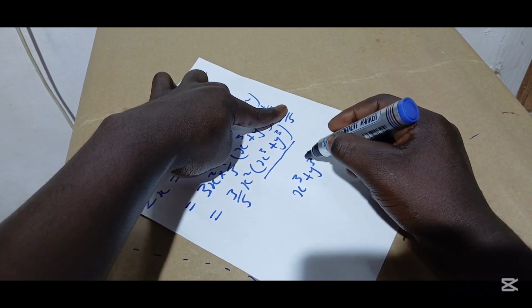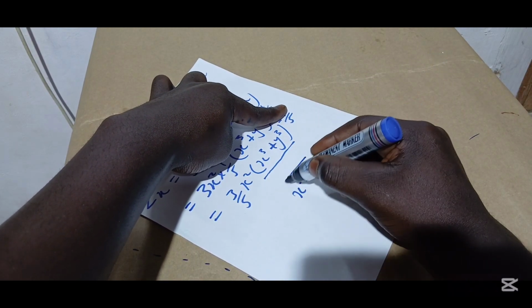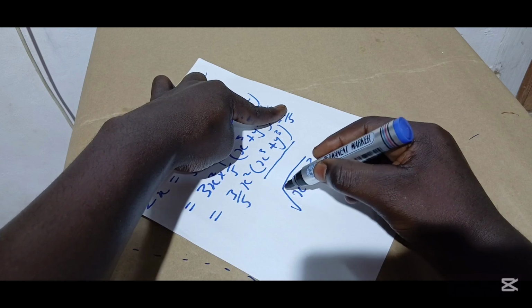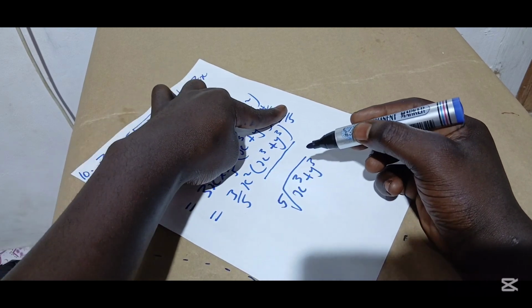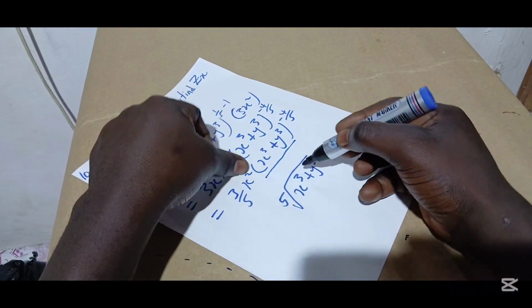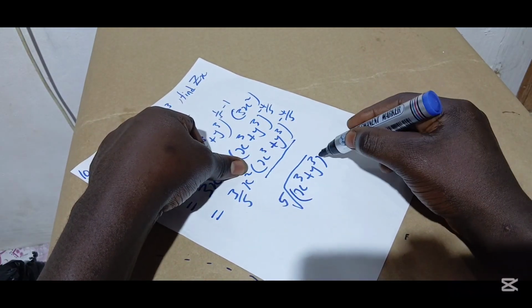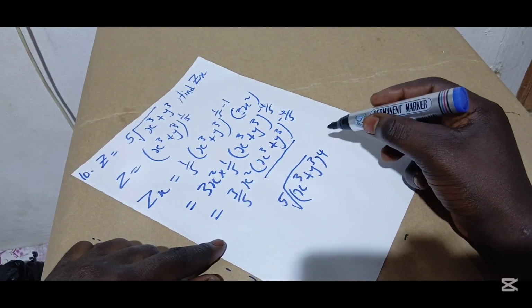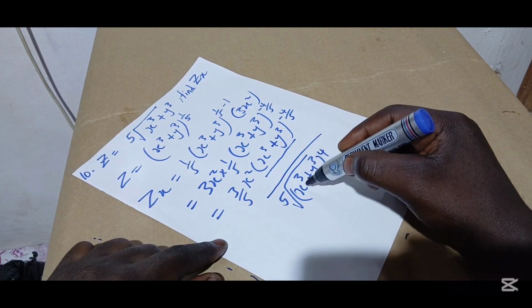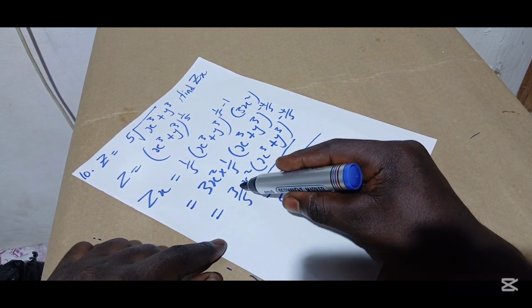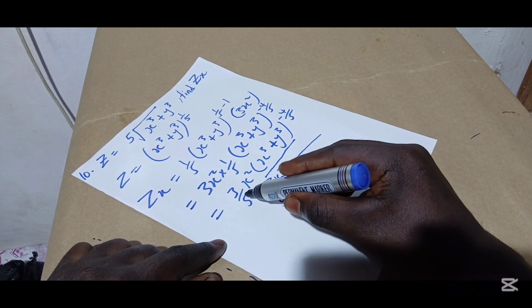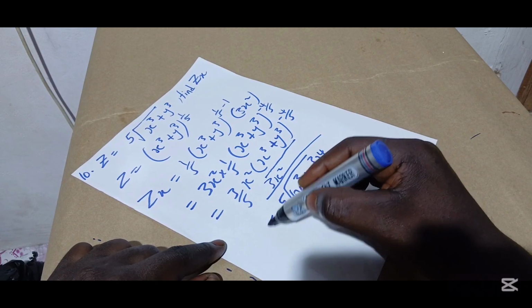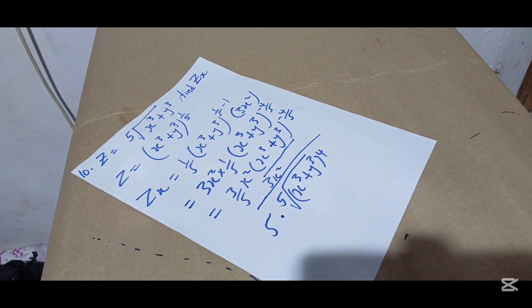So this is the fifth root, and all to the power 4. So everything inside the bracket to the power 4 is our denominator. And we have 3x squared as our numerator, and this 5 here is a denominator. So that's it.